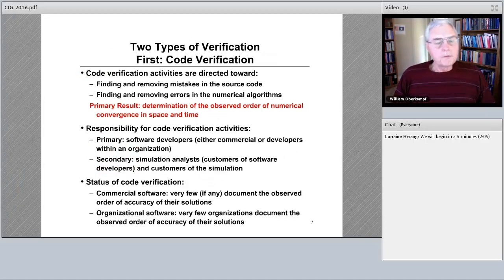The first type of verification is code verification. Code verification are activities that are directed toward finding and removing mistakes in the source code, and finding and removing errors in the numerical algorithms. Those are actually two different activities. Bugs in the source code, people are familiar with those, and that's one thing.